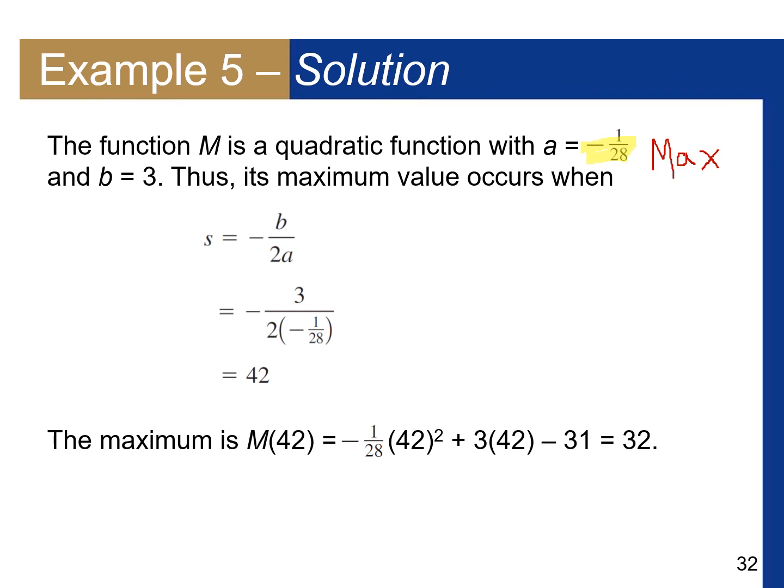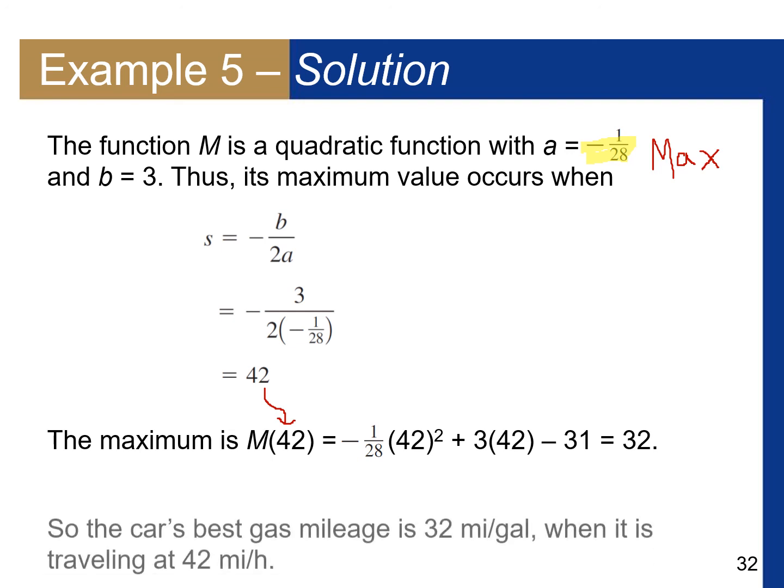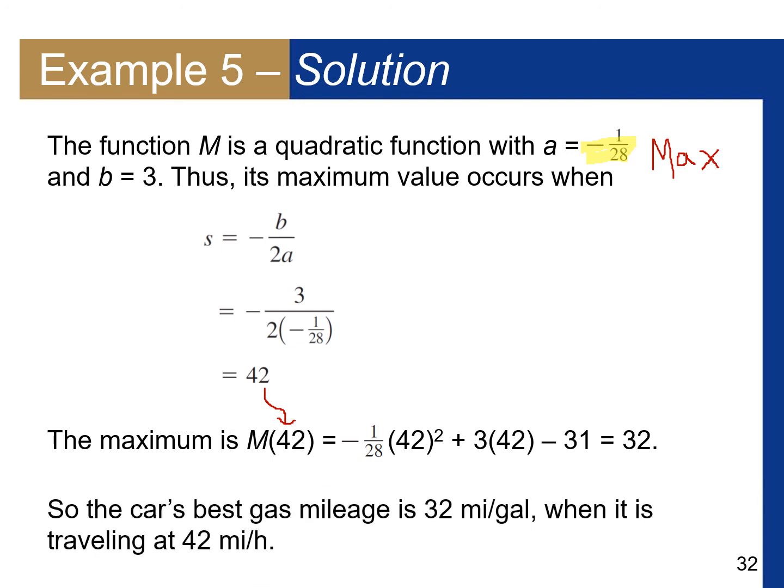So now I need to plug that 42 value, which is my x value, into my equation, and I will get 32. So the car's best gas mileage is 32 miles a gallon when it's traveling at 42 miles an hour.